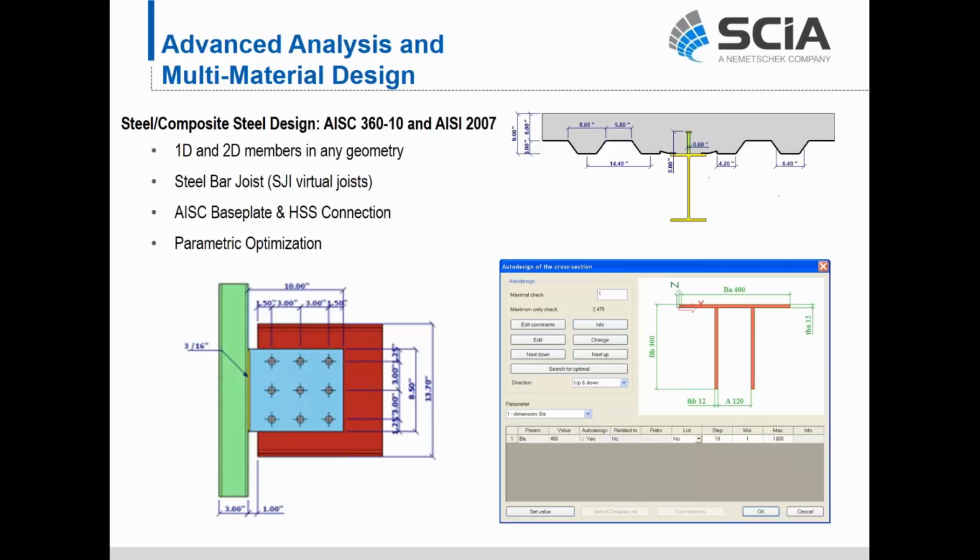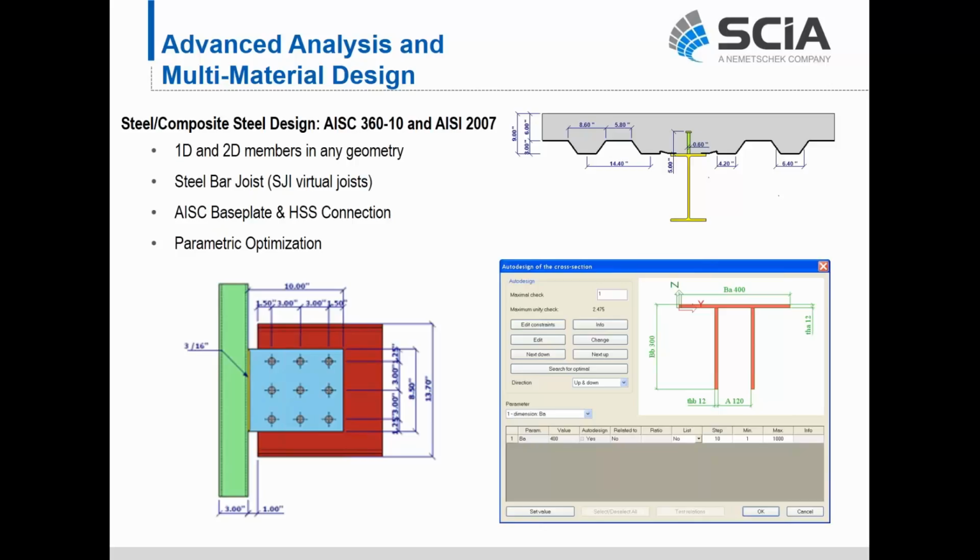Also in speaking of multi-material design, one of the big capabilities that comes up more and more is being able to handle steel and composite steel design to AISC 360. So SCIA is fully capable to do that. We can also do 1D and 2D members in any geometry.